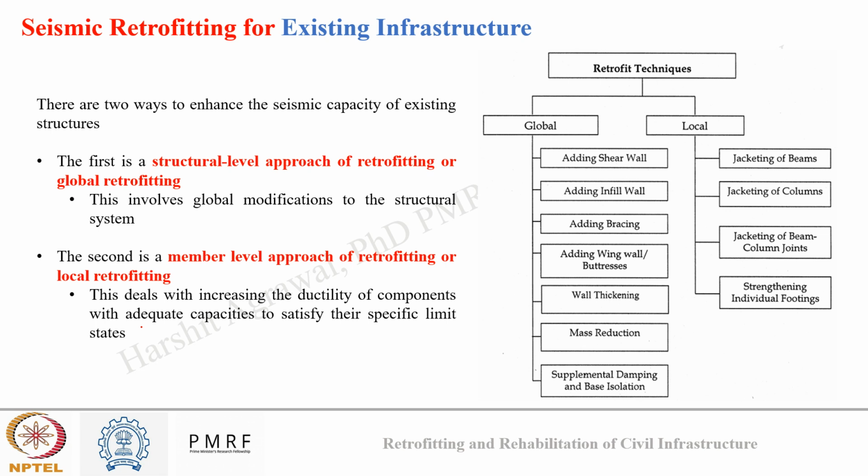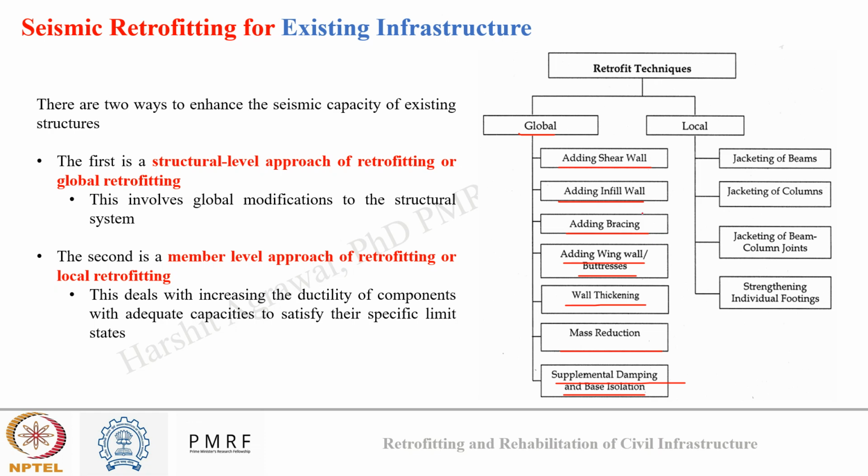Okay, so in these two major categories, a structure can be retrofitted to bear seismic activity. We can see these things in the flowchart also. In these two categories, there are different possible techniques that we can opt for. In the global retrofitting techniques, there is addition of shear walls, addition of infill walls, adding bracing, adding wing walls or buttresses, mass reduction, supplemental damping, and base isolation.